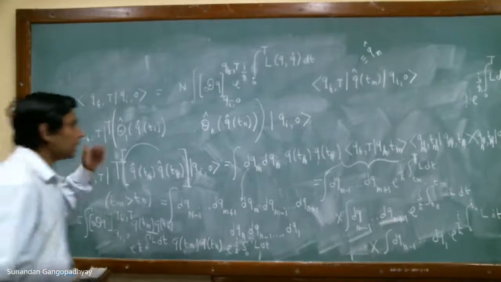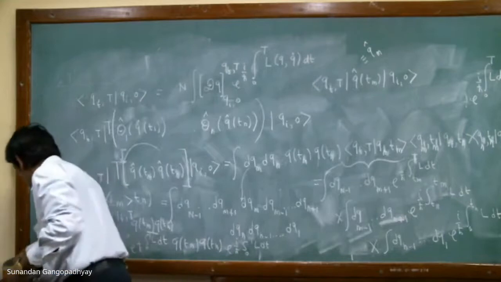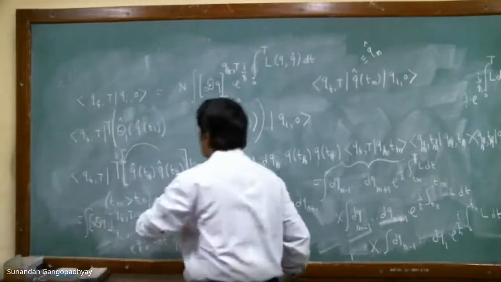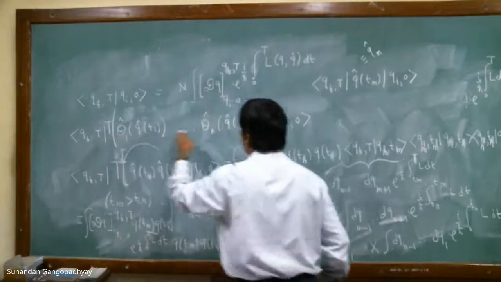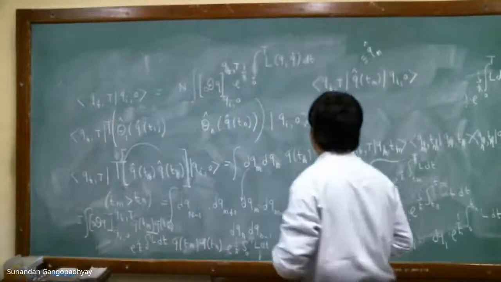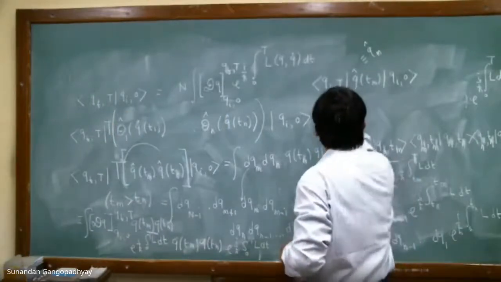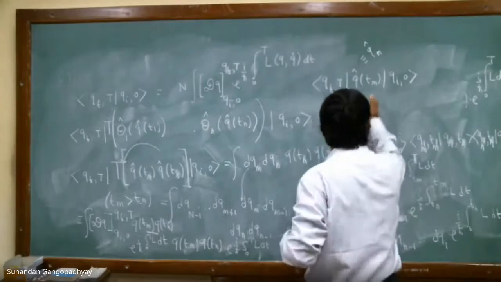Now the result that I wanted to show you: once you have this result in place, if you want to compute the matrix element of a string of these operators, and obviously you have to take a time ordered product, then from this result you can write the result at once.